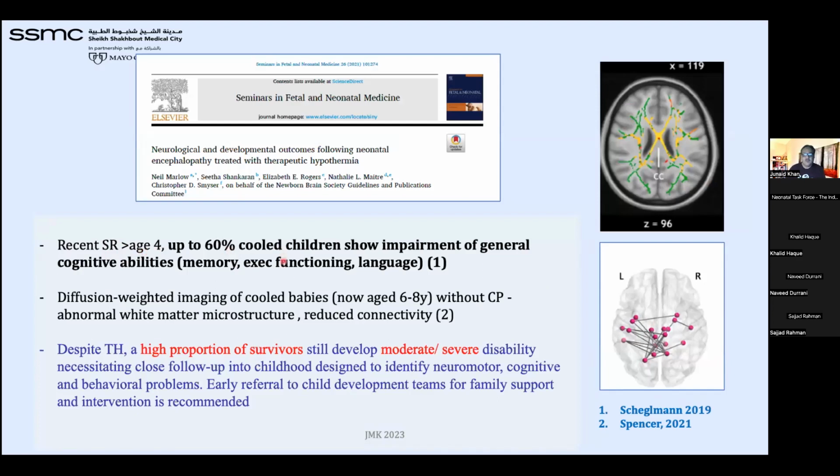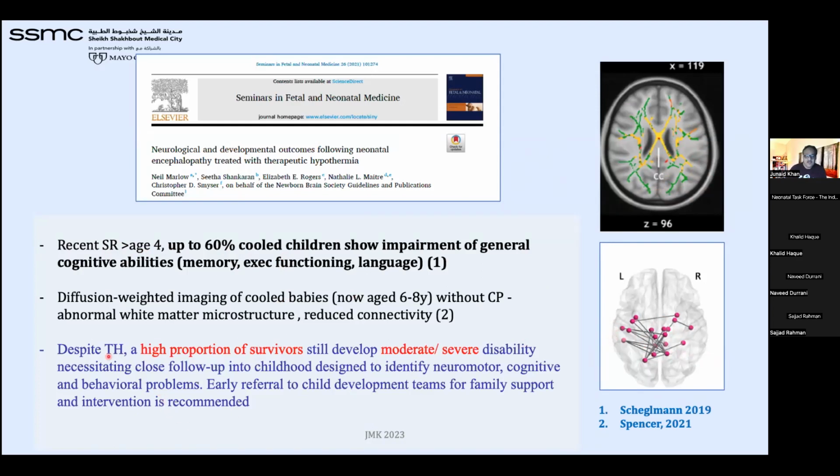shows that up to 60% of cooled children have impairment of cognitive abilities. As you can see in this photograph of the MRI, the connections are reduced. Here also, if you can see, the green is a good connection, the yellow is not very good connections.